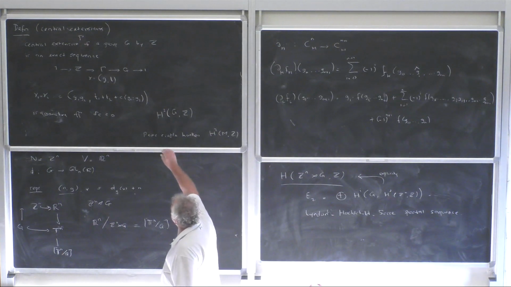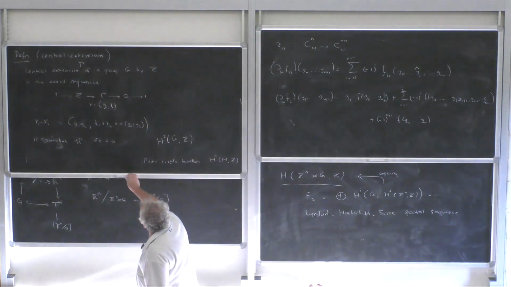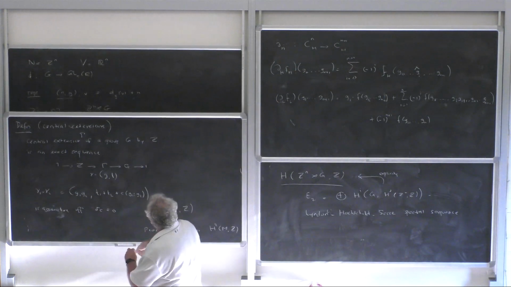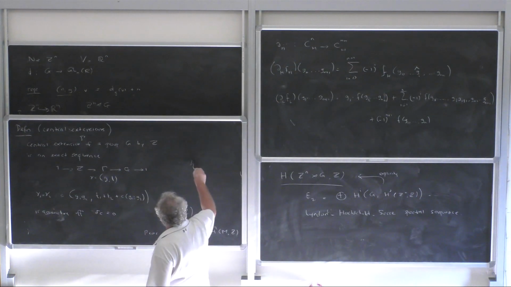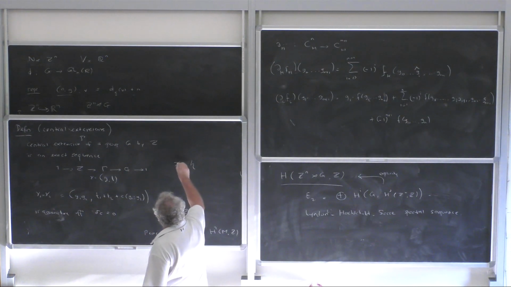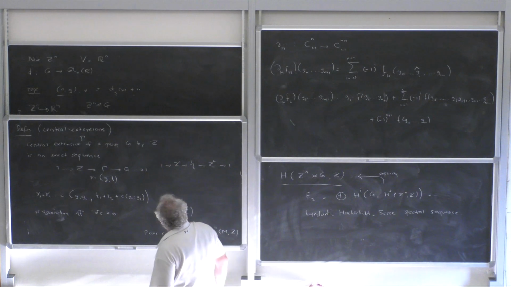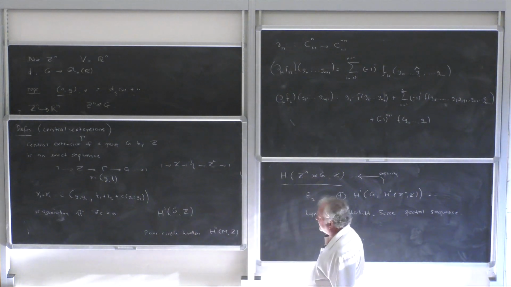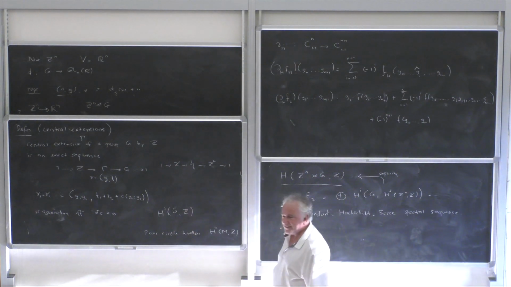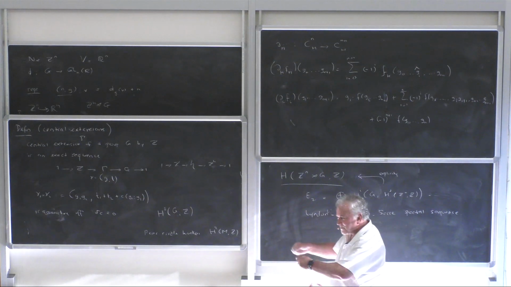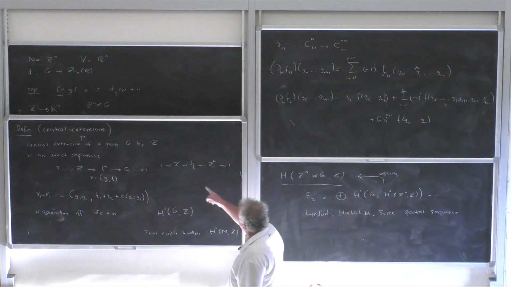So I didn't explicitly tell you what the Heisenberg group was yet, but the Heisenberg group is the central extension of Z² by Z. So the formulas are explicitly there if you want to calculate what the multiplication is on the Heisenberg group.